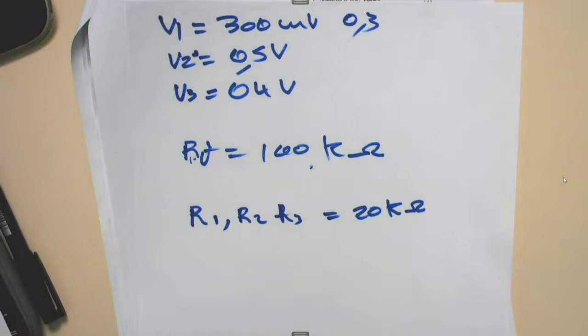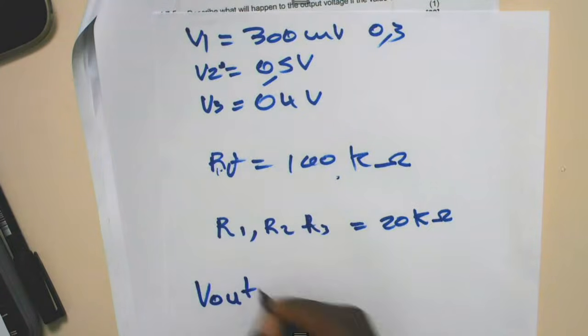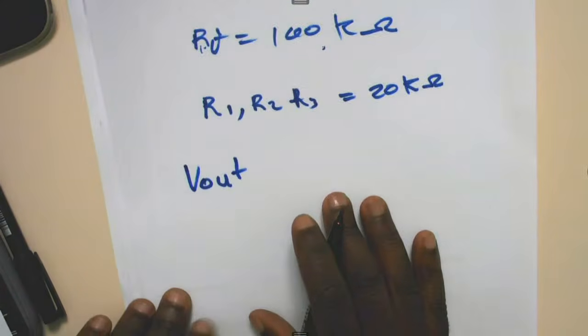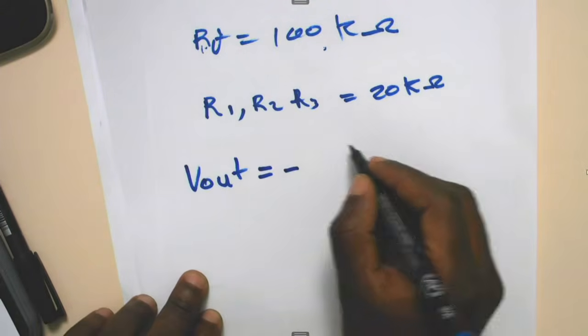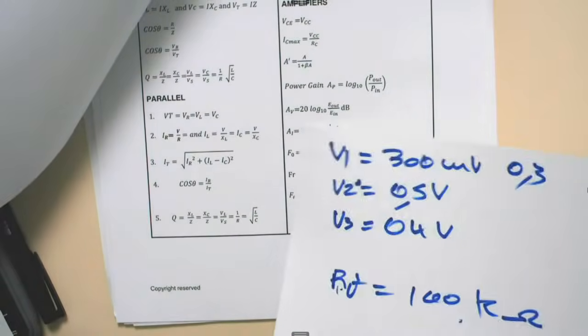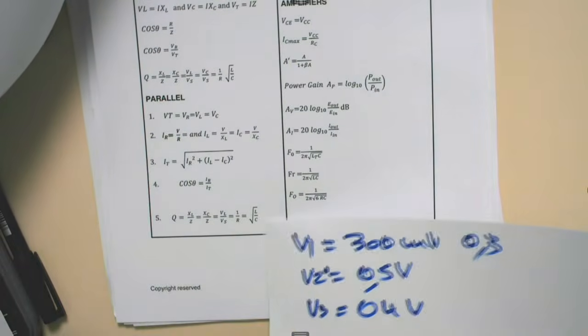So remember the formula here, V out is equals to negative. Let's just look for the formula just to make sure.